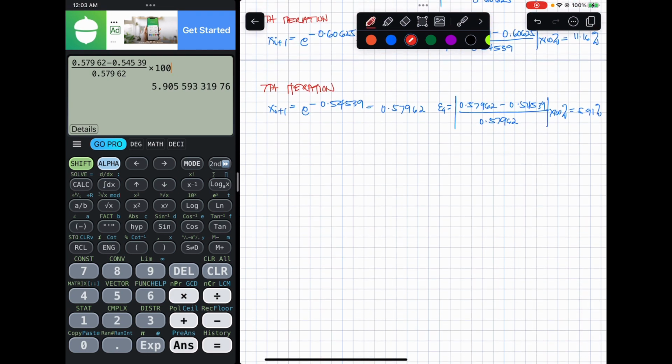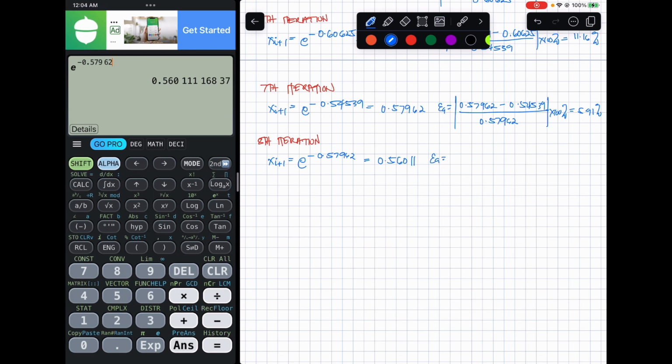For our 8th iteration, x sub i plus 1 would be equal to e raised to negative 0.57962, which is 0.56011.